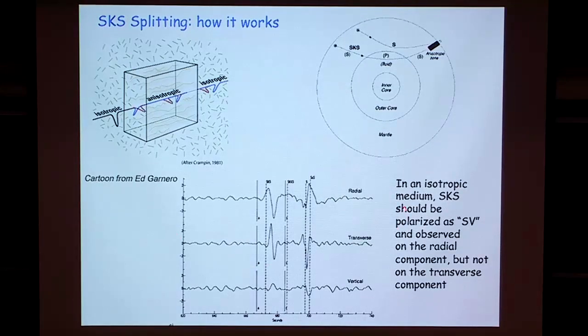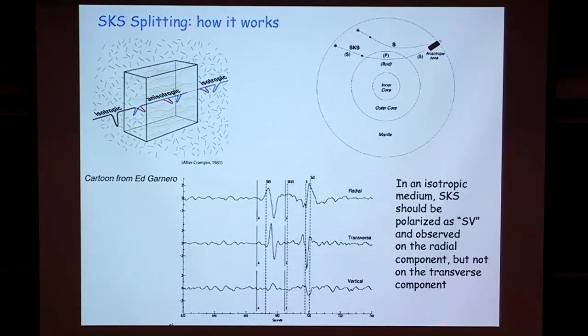Now for body waves, if the material was isotropic, you would expect to see the SKS wave only on the radial component. You have three components of the observations. You have vertical, and then you have two horizontals.